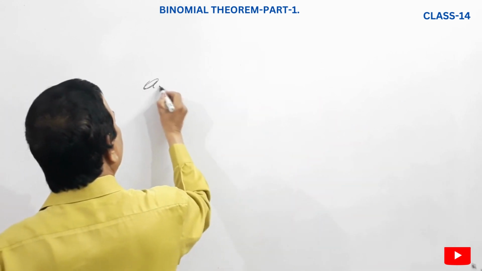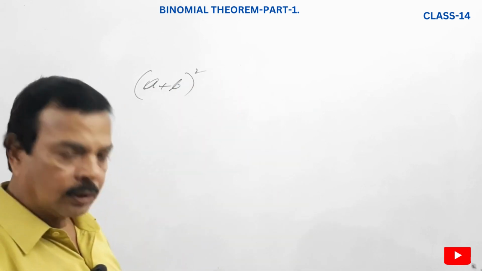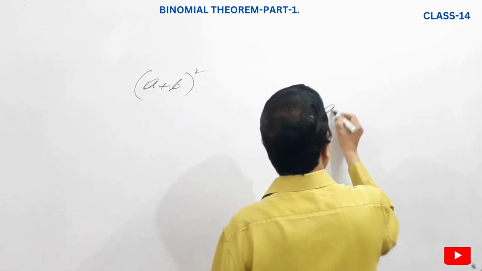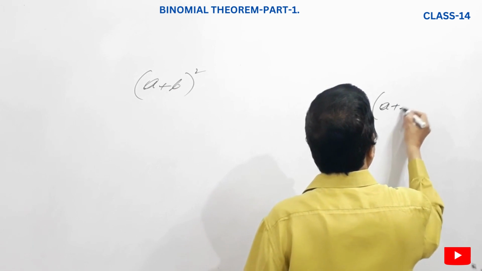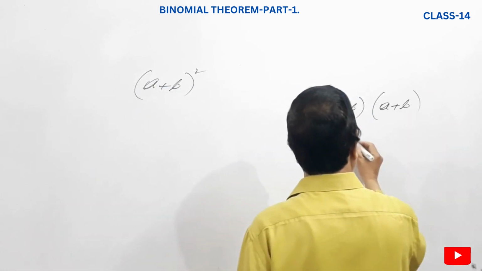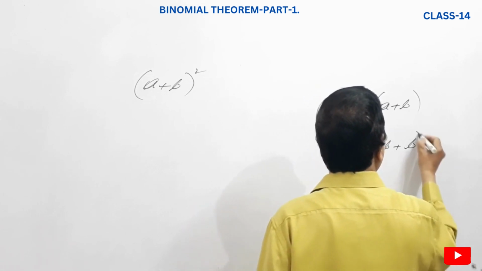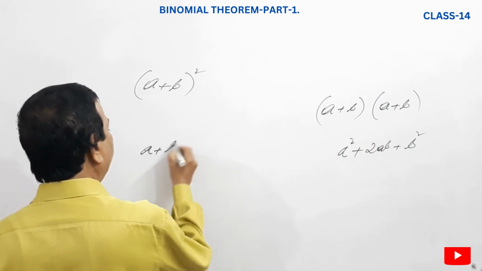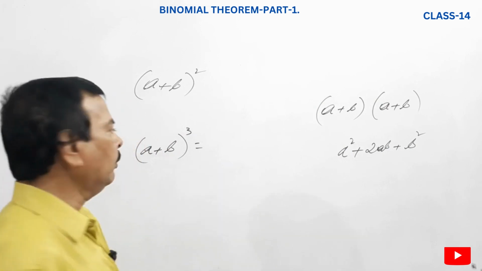Let us say a plus b the whole square. How did you get this? That is a plus b into a plus b. If you multiply this, you get a square plus 2ab plus b square. Likewise, if you have a plus b the whole cube, what you will do?